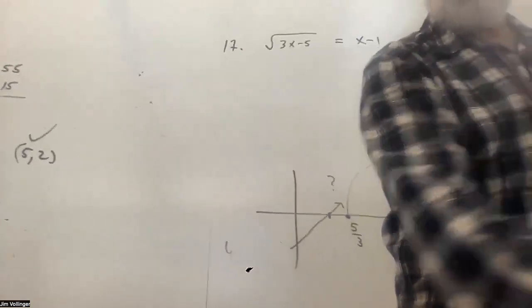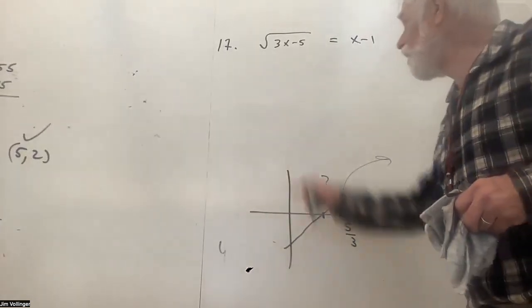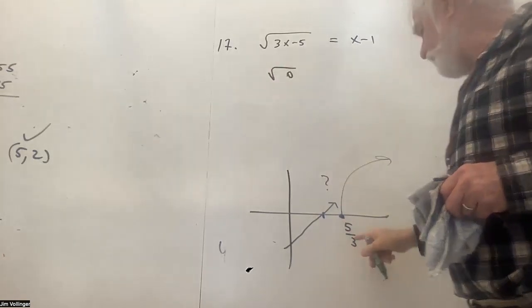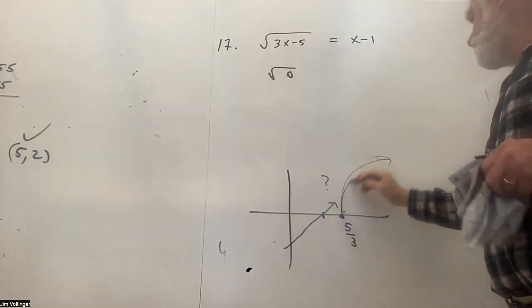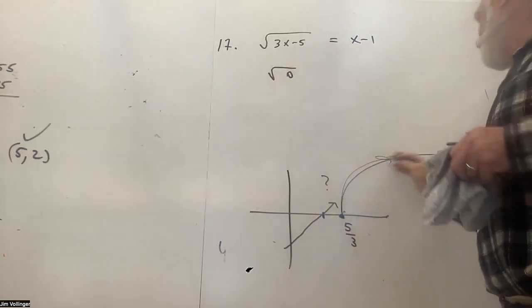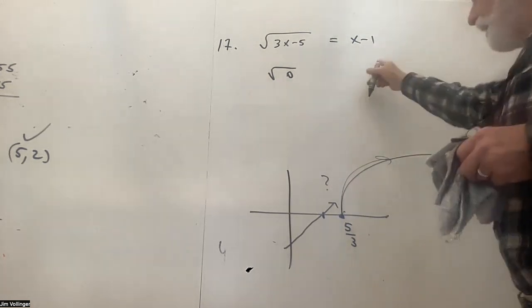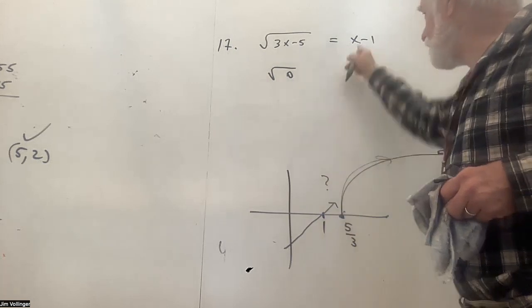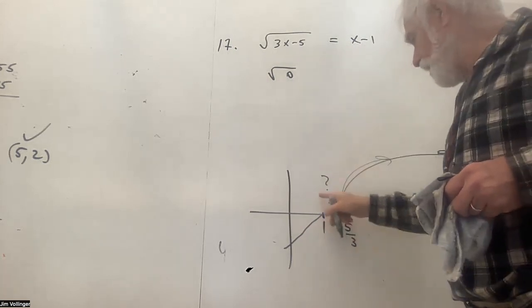Look at it graphically first. All right, so 3x minus 5, the square root of it is 0 at 5/3. I know square roots climb quickly, but then very slowly. x minus 1, 5/3 is bigger than 1, so the x-intercept is 1, and it's going up at 1 to 1.